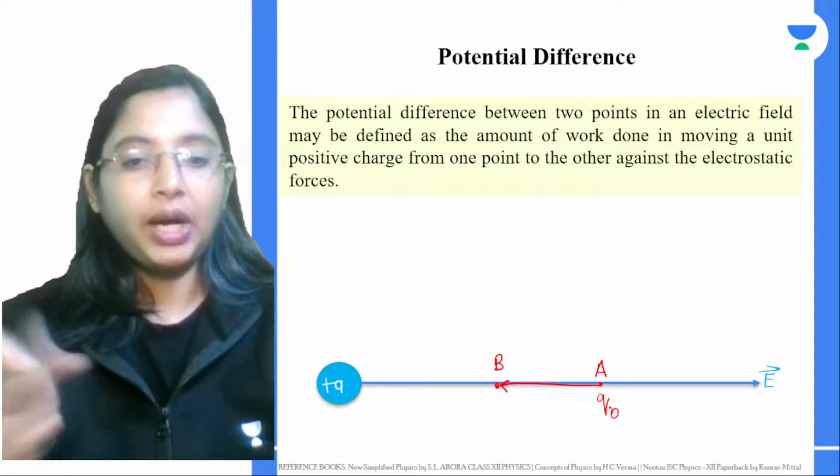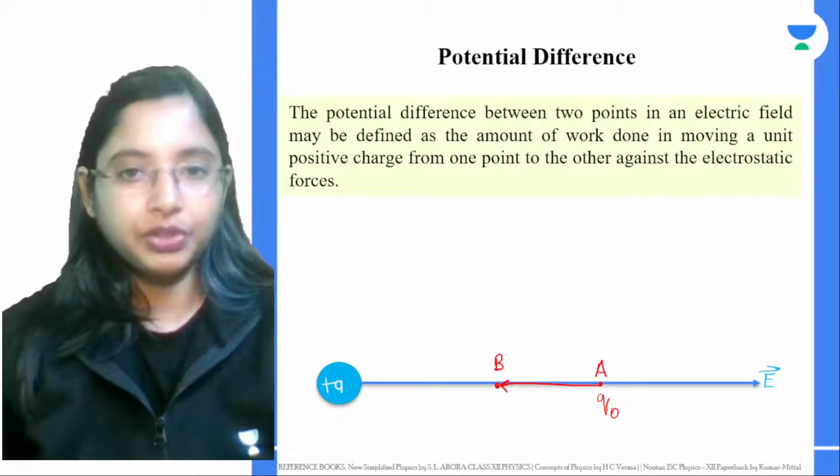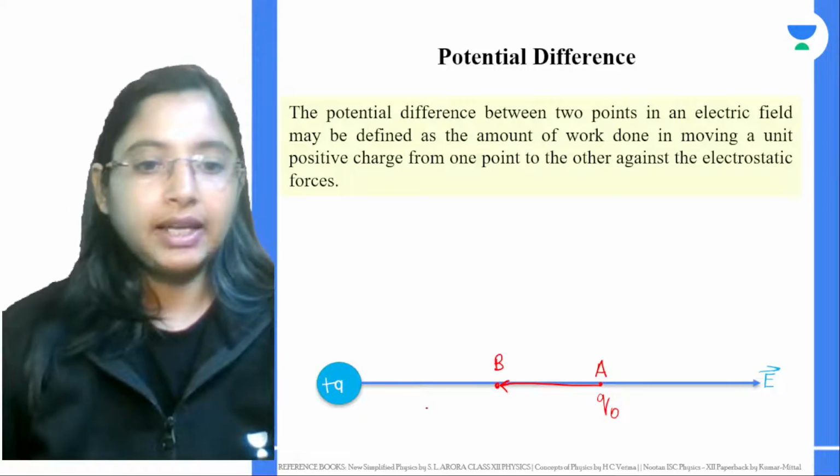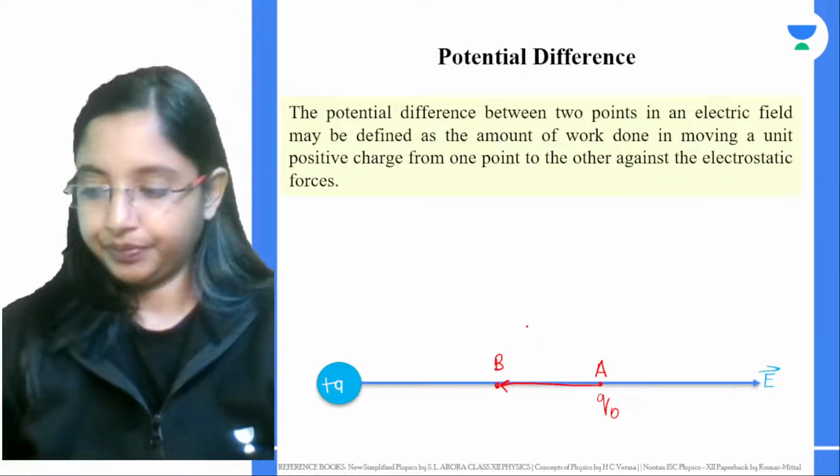So the work done in moving the unit positive charge from one point to another against the electrostatic force is basically called your potential difference.